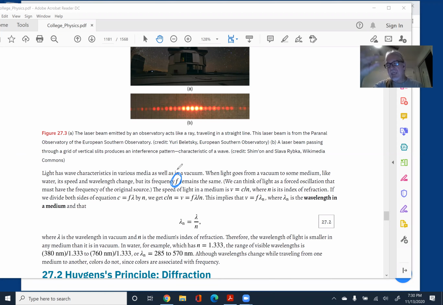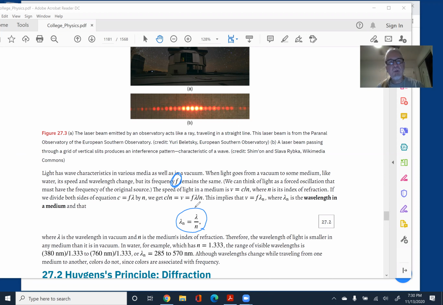How things oscillate doesn't change because you change medium, but what will change is the speed of light and the wavelength itself. So we have this expression, which gives you the new wavelength in a medium with index of refraction n.